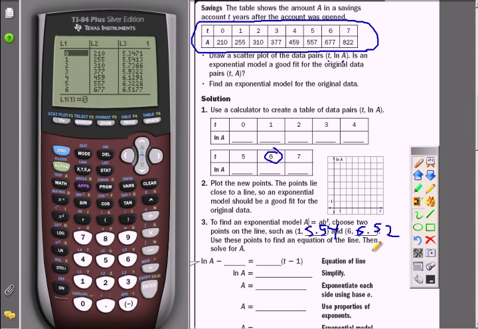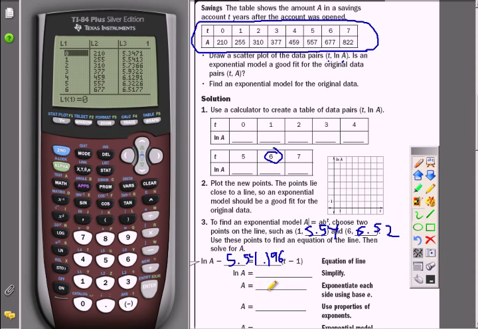6.52. So we can go with those. And if we follow this pattern, the natural log of A minus 5.54, so we can solve for A in this situation. Natural log of A minus 5.54 equals 0.196 times t minus 1.